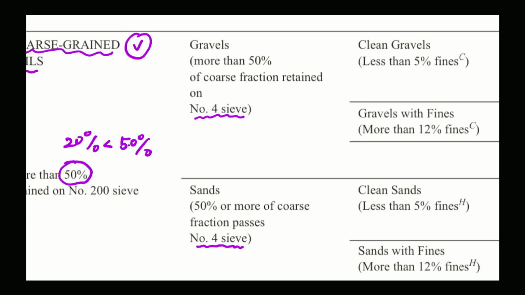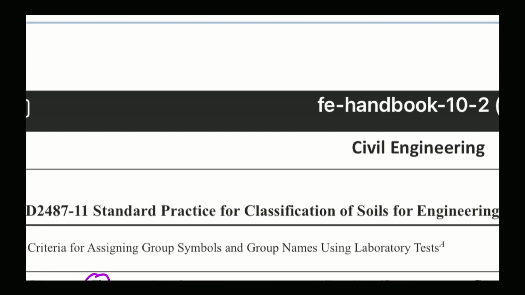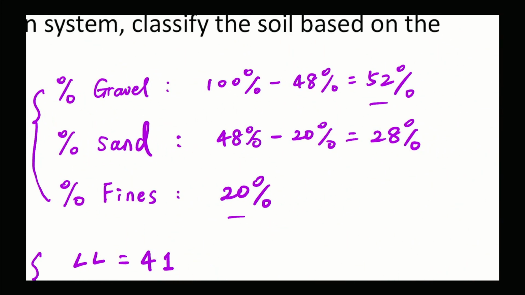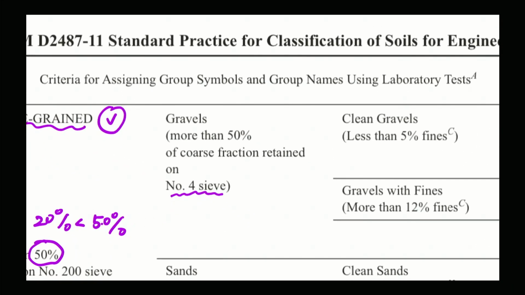Well, anything that is retained on number 4 sieve or above number 4 sieve are gravels. So we have 52% of gravels from our results over here. We have 52%. And now we're looking at gravels because 52% is larger than 50%.